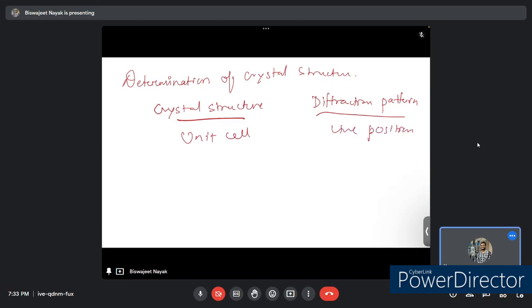The basic principle involved in structure determination is, as we know, the crystal structure of a substance determines the diffraction pattern of the substance.